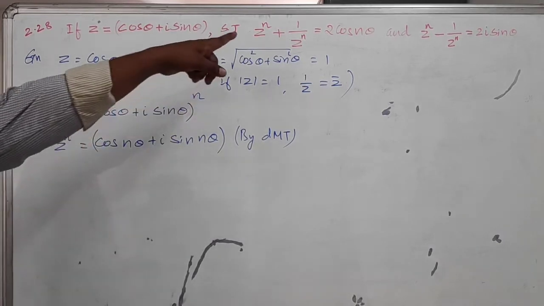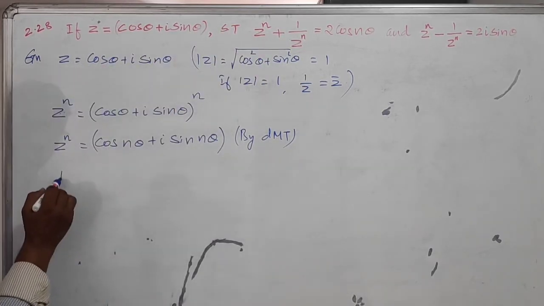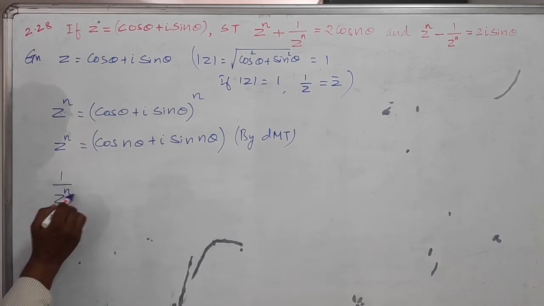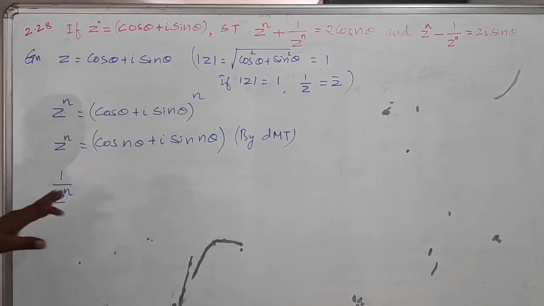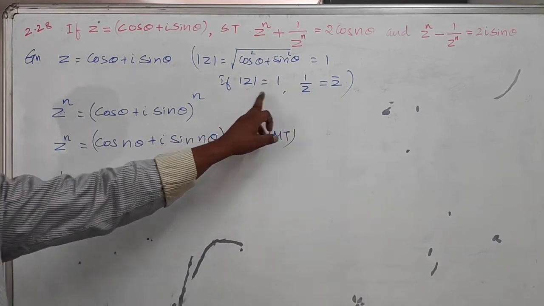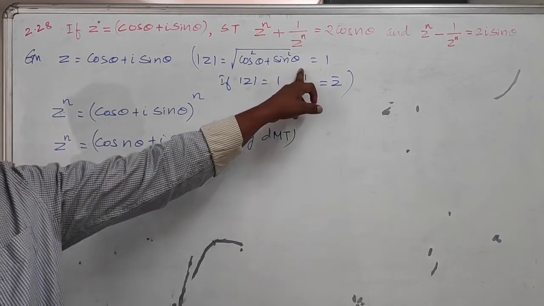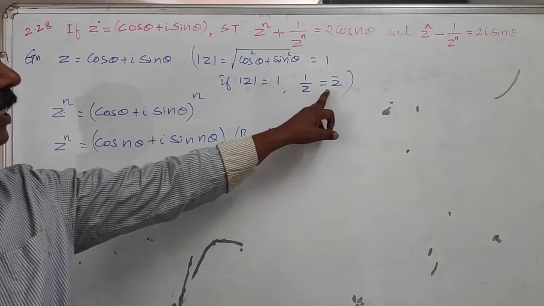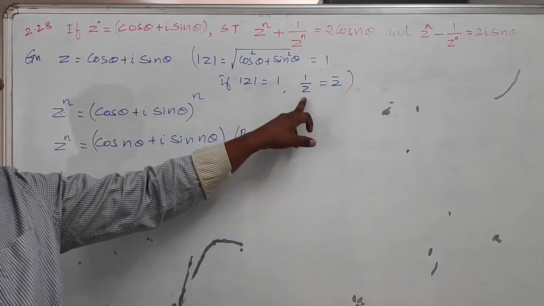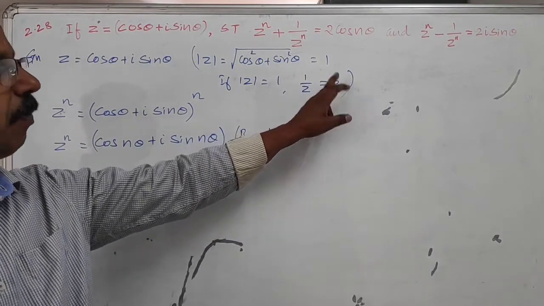After that we need to find 1 by z power n. This 1 by z I already told. See here, if modulus z is equal to 1 means 1 by z is equal to z bar. Similarly, 1 by z power n is equal to z bar whole power n.